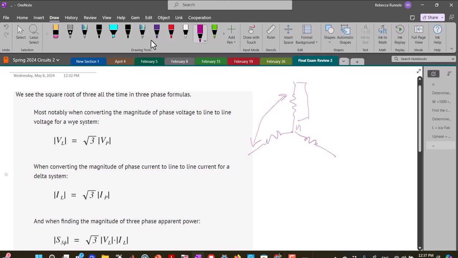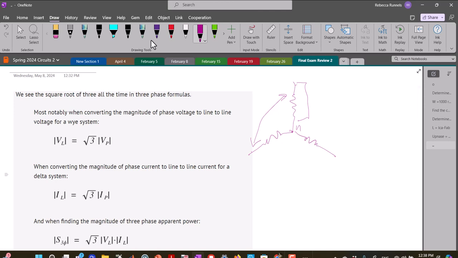And so it makes sense that your line voltage would be bigger than your phase voltage, because you've got your voltage from here to here and your voltage from here to here, and so your line voltage would be the difference between those.